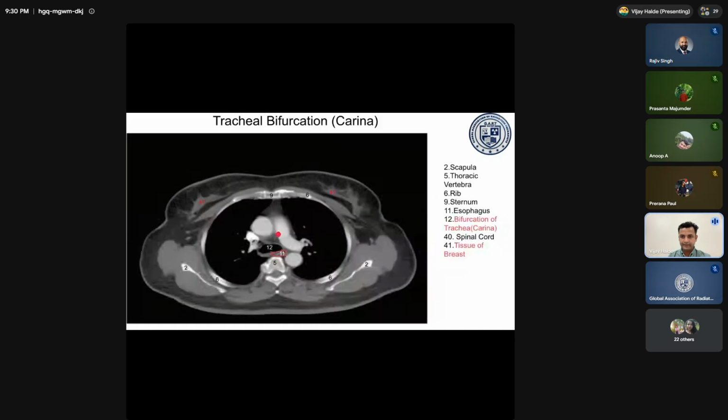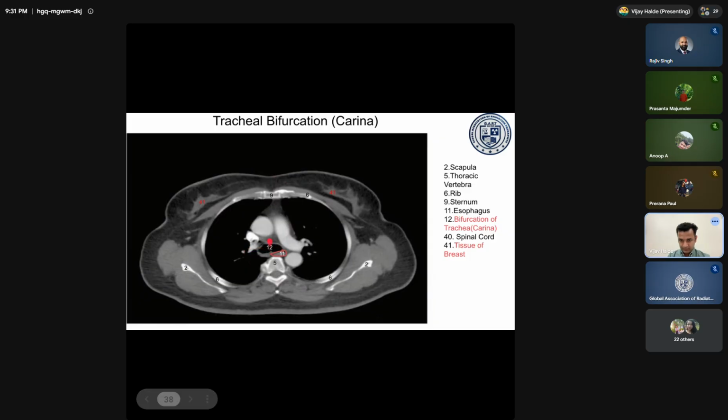So moving inferiorly. This is the tracheal bifurcation, that is the carina. It divides the trachea into the right and left bronchus. So the carina is one of the most reliable internal anatomical landmarks commonly used during thoracic treatment. During CBCT matching in lung cases or mediastinal tumors also, it is reproducible.